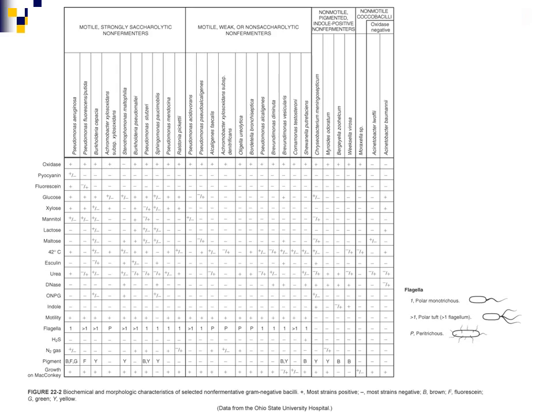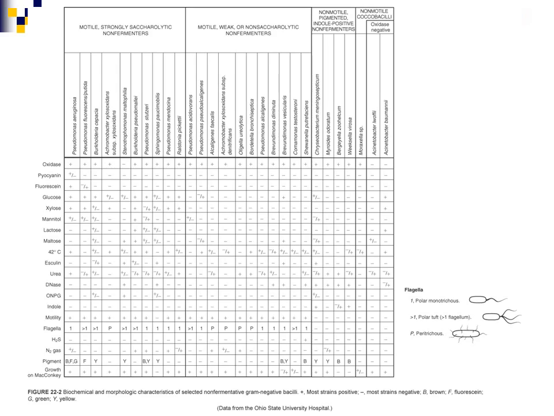This little table also shows you which organisms don't grow on MacConkey. So most of these non-fermenting gram-negative rods will grow on MacConkey, just like your fermentative gram-negative rods grow on MacConkey, except for your fastidious organisms. So I would look and see, is there any key organism that doesn't grow on MacConkey?